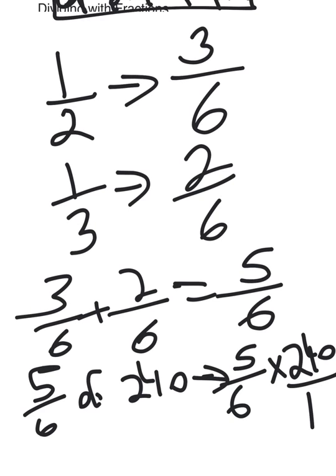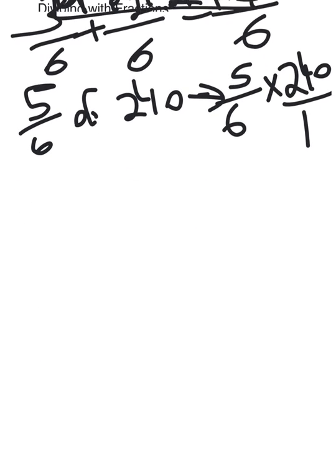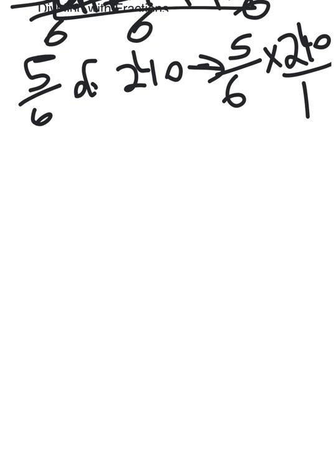Remember, whole numbers, to make them fractions in order to multiply, you just put it over 1, because 240 divided by 1 is 240. If you do 5 times 240 over 6 times 1, you will end up with 200. So your answer for part A will still be the same as what we got when we did the model. 200 pieces of fruit is how much she sells.